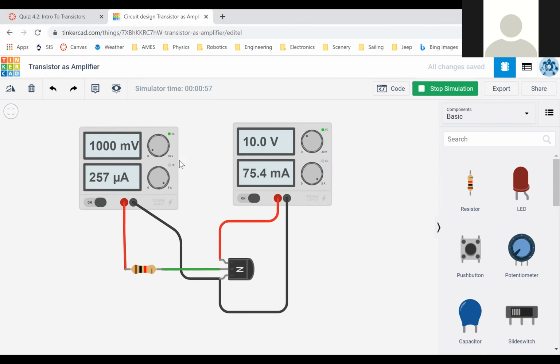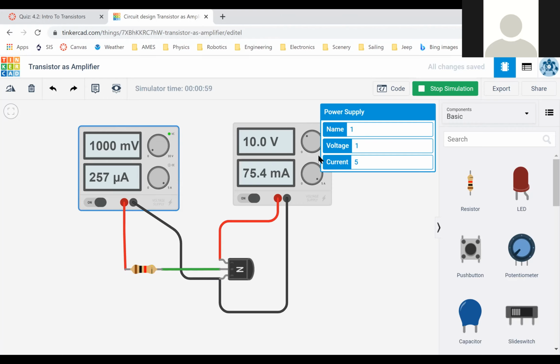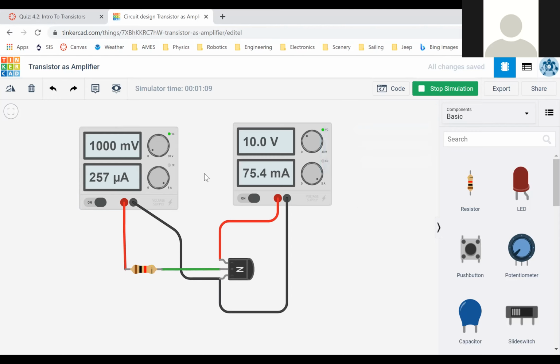Did you notice that by clicking on here, I get to type in the numbers? Hopefully you remember that allows you to change the voltage in little tiny steps, smaller than you would be able to by clicking up here. Now some people ran into problems when they were calculating the gain of the transistor because they weren't used to dealing with microamps.